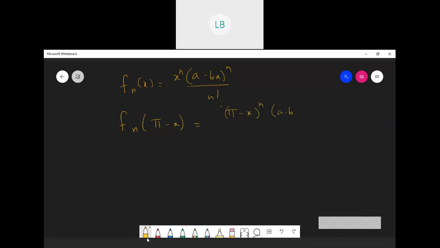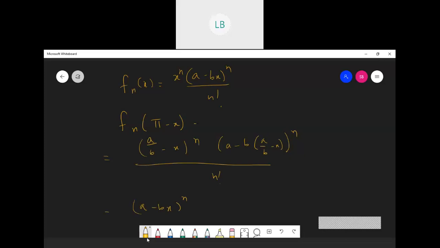Let me write it down here because there is no space out there. Firstly, what is pi? Pi is a by b. So I will write a by b: a by b minus x power n. So we are replacing x by this, and then a minus b times a by b minus x, whole power n by n factorial.